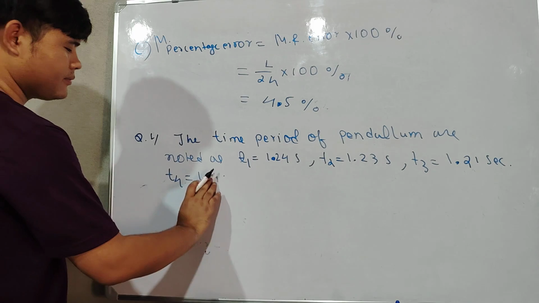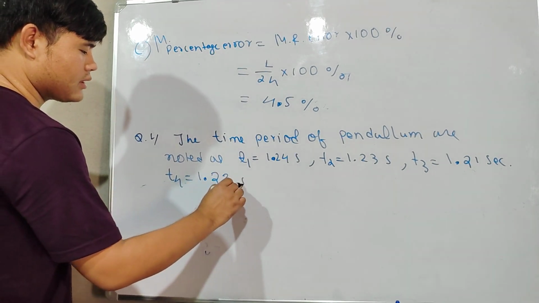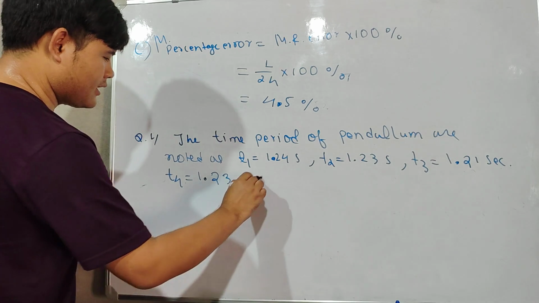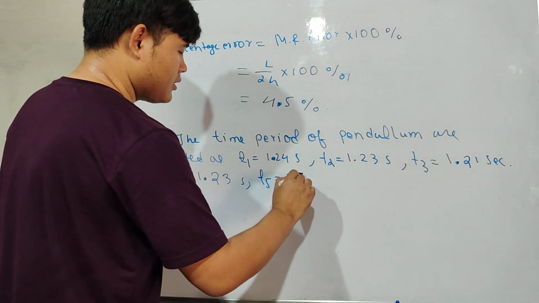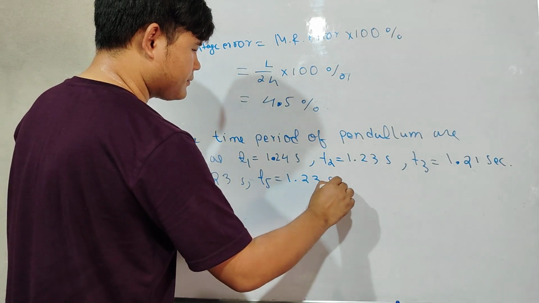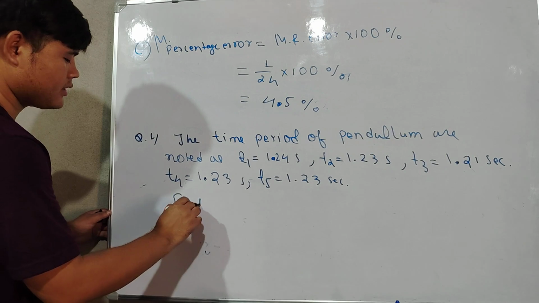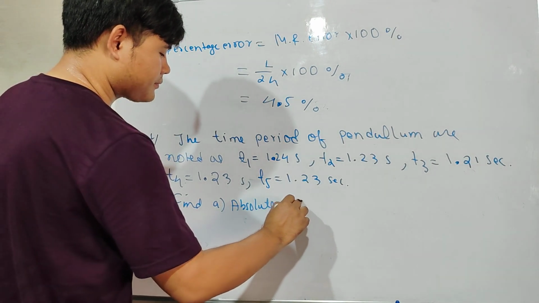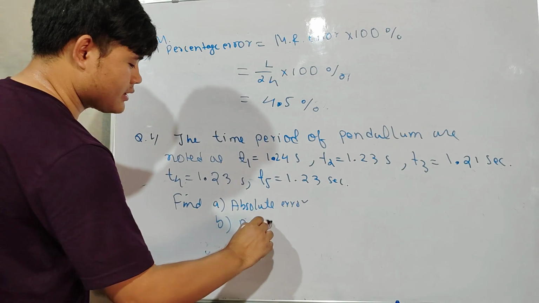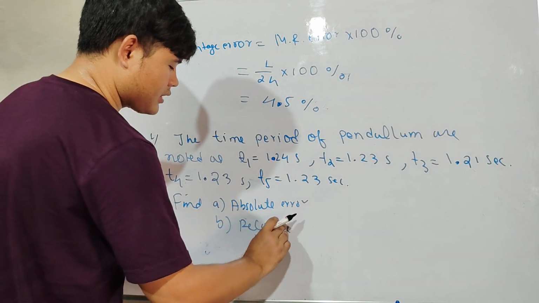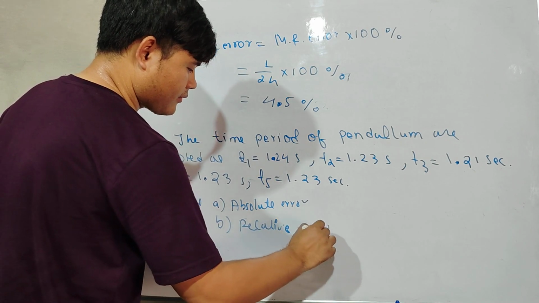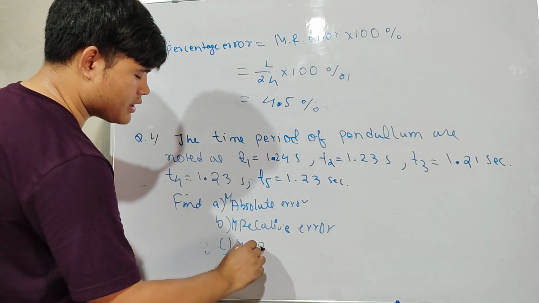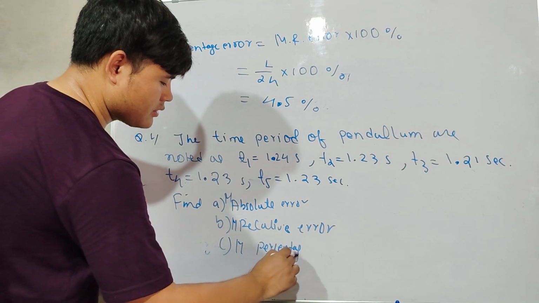And T5 equals 1.23 seconds. Find number A, absolute errors; number B, relative errors; and number C, the means, and then the mean percentage error also.